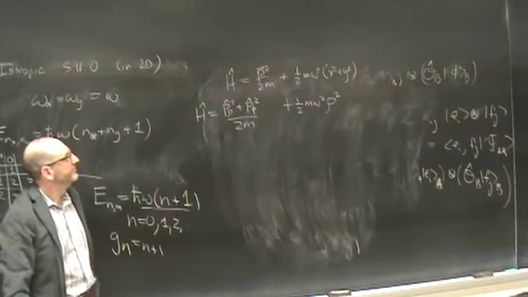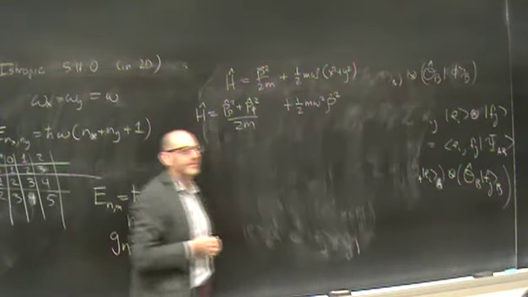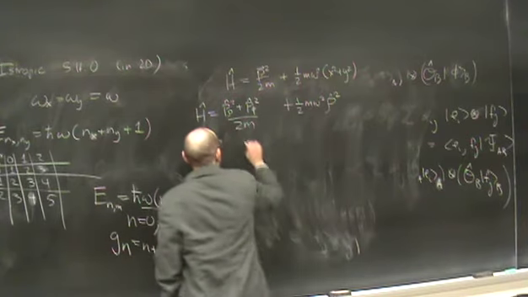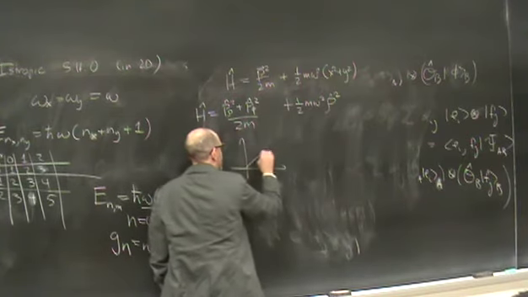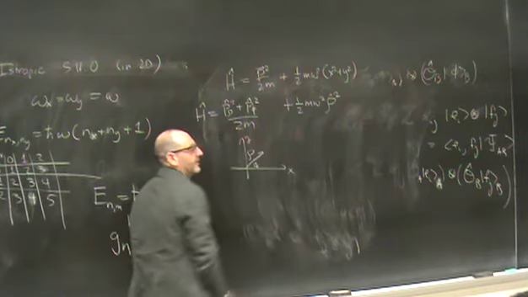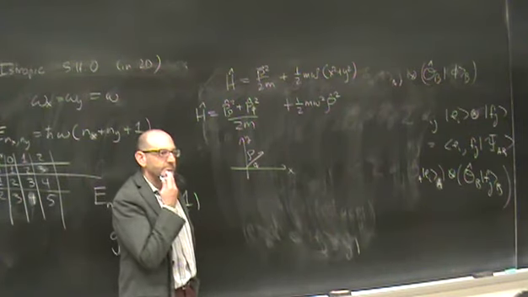Right? What kind of symmetry does this have? Remember, this is just x squared plus y squared. So what kind of symmetry does this have?